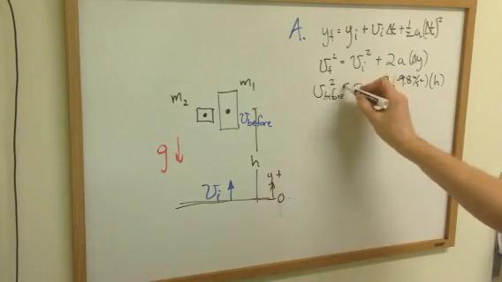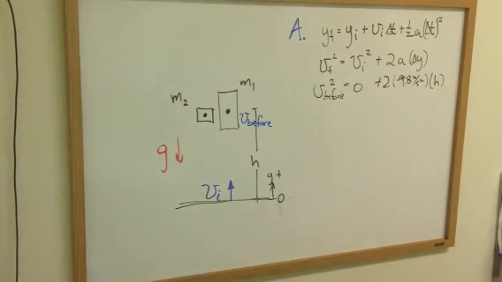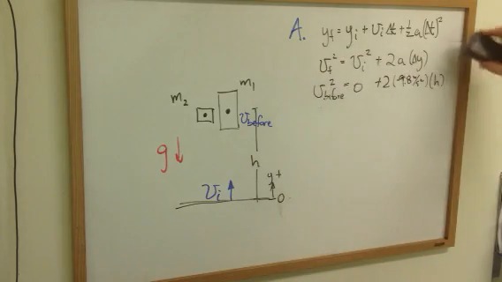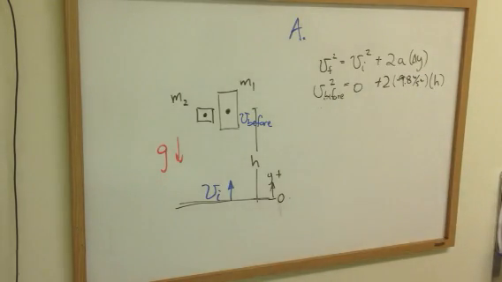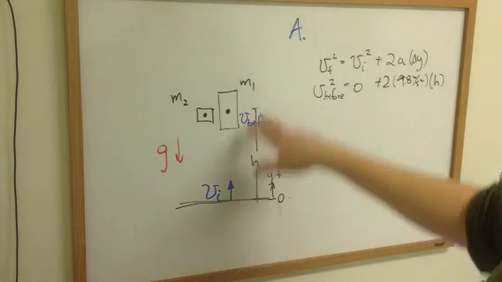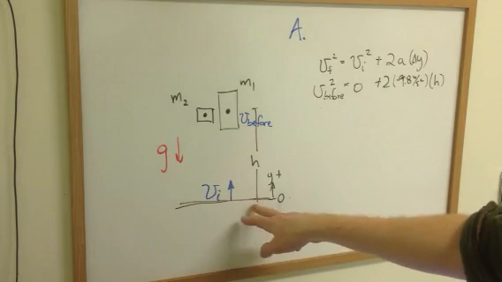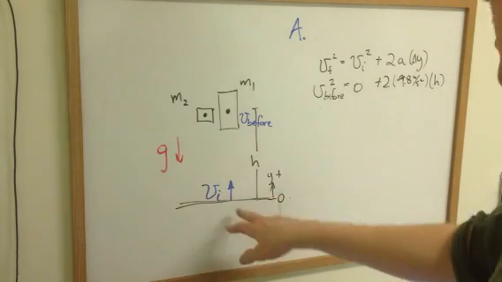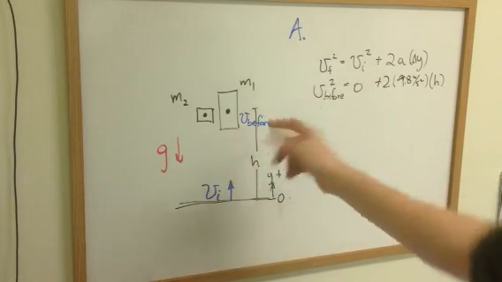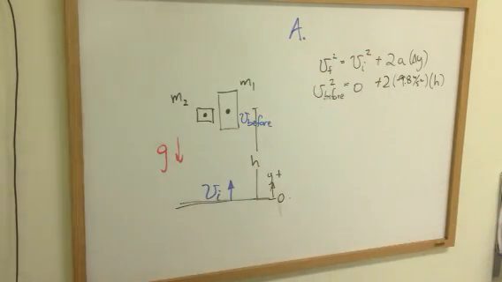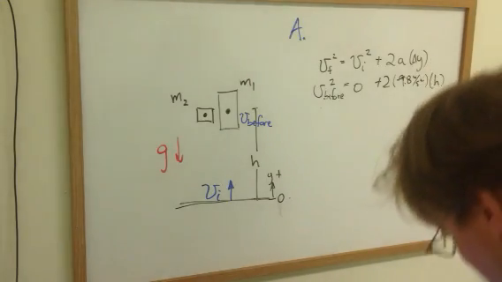So you can calculate velocity before now. And this one would be annoying because you'd end up with a quadratic. So now you know the velocity just based on kinematics, given the acceleration, her initial velocity, and how high she went up, how fast she'll be going upwards just before she catches the box at height h.